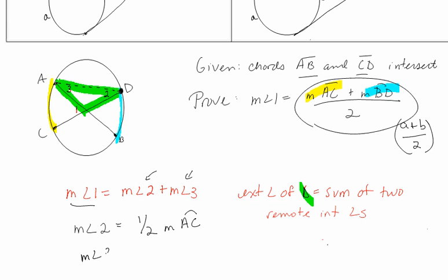And if you look at angle 3, which also needs to be replaced, it intercepts arc BD. So measure of angle 3 equals 1/2 the measure of arc BD. Okay. Inscribed angles equal 1/2 the intercepted arc.